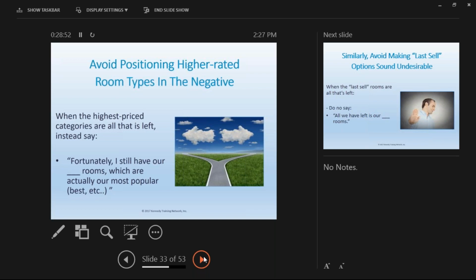So you can either set your alarm and switch bedrooms in the middle of the night, or you could split up. One could sleep in one room, the other could sleep in the other, or change halfway through your stay. But you do have to use both bedrooms, because it's our policy. That's kind of what we make it sound like, isn't it? So instead of saying, all we have left are 2 bedrooms, or all we have left are the best, and you sound cheap or poor, say, fortunately, what I still have left.